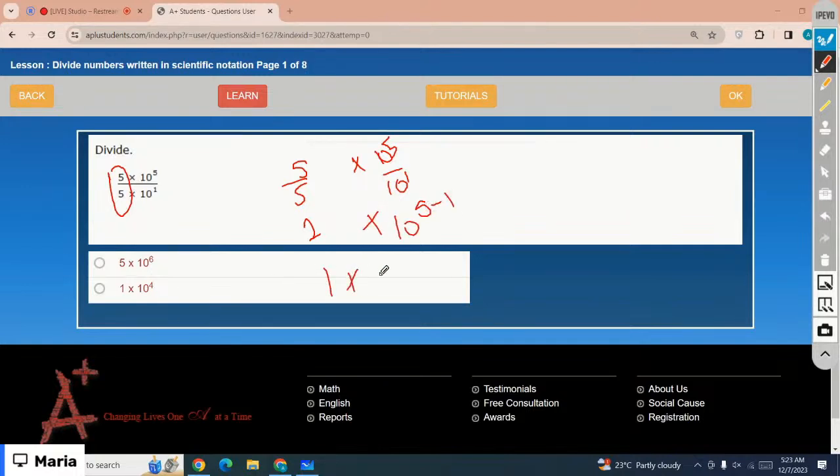So that would be 1 times 10 exponent 4. The correct option is 1 times 10 exponent 4, right?